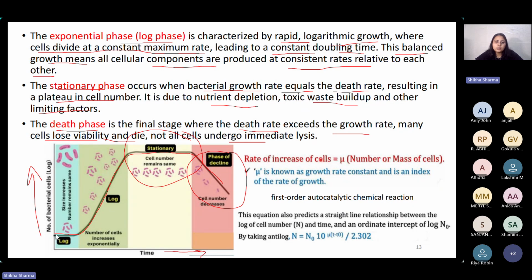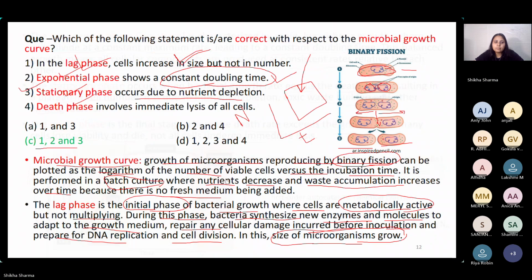In the lag phase, only the size is increasing and the numbers are not multiplying, but in the log phase we see an exponential rise in the number. The stationary phase is where death equals growth, and in the decline phase the cell numbers decrease. So the statement that the death phase involves immediate lysis of all cells is wrong, because there is not immediate lysis of all the cells.